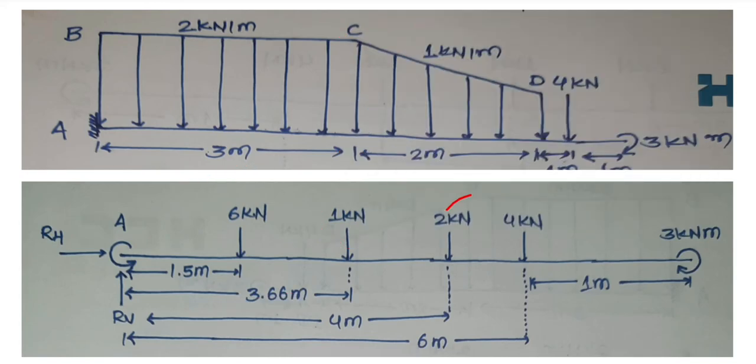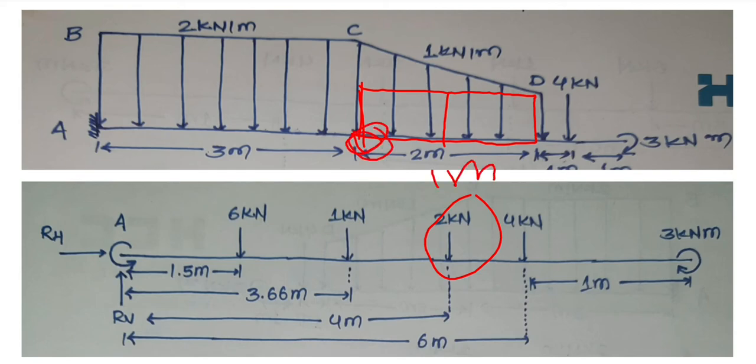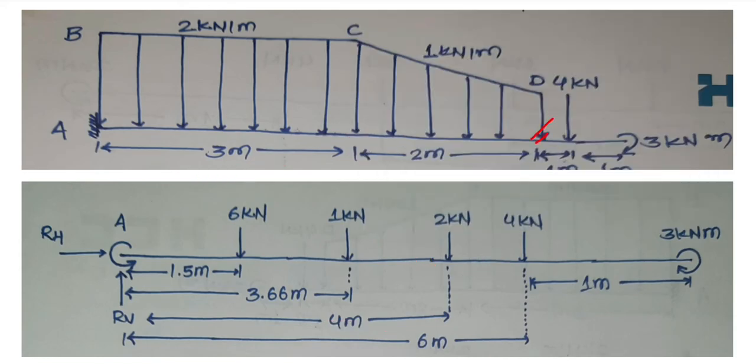Now this 2 kilonewton force comes from the uniformly distributed load of this part. It is acting at a 1 meter distance from this point, so 1 plus 3, that is a 4 meter distance from point A. And from this point at a 1 meter distance a 4 kilonewton force was acting.